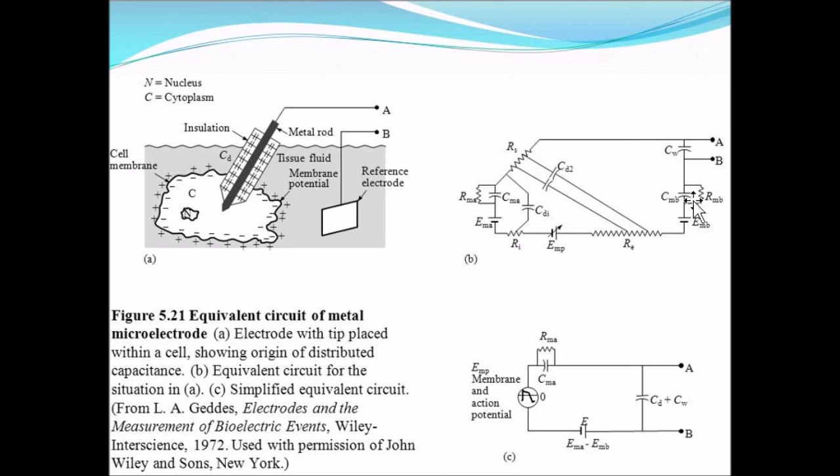This is the impedance of the reference electrode, and this is the impedance of the microtip, the measuring electrode. Finally, if we solve this circuit, we get the simplified equivalent circuit, represented here, and again AB gives the value of the single microelectrode.